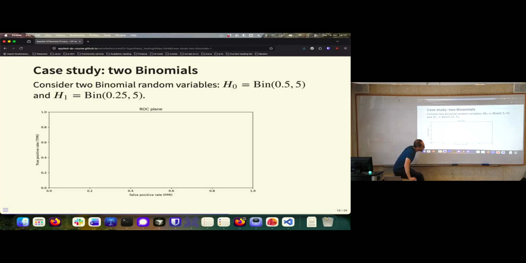Okay. So let's just do it. So there's log of H1 of 0 over H0 of 0, and so on for 1.